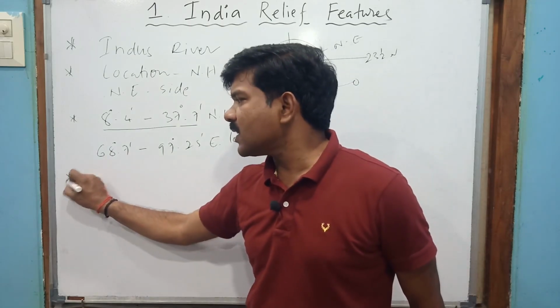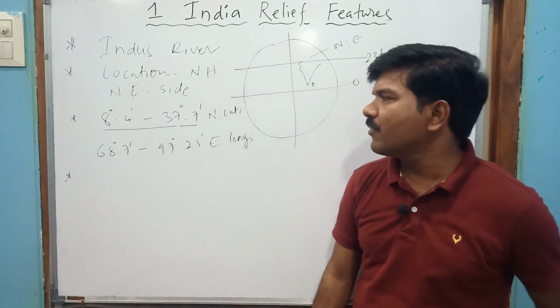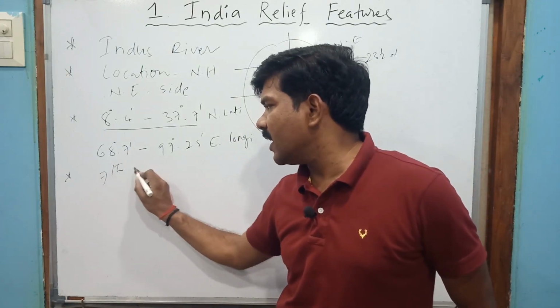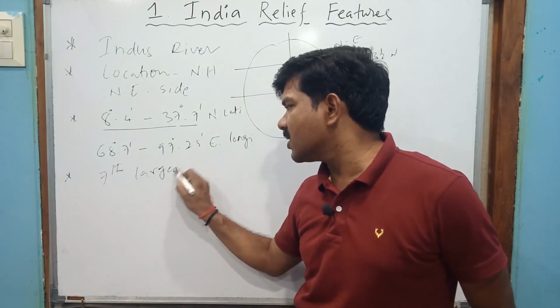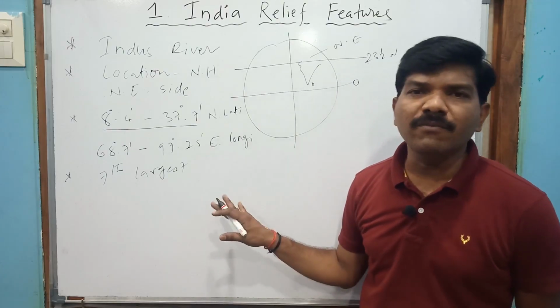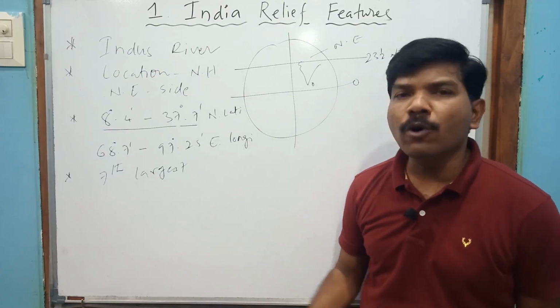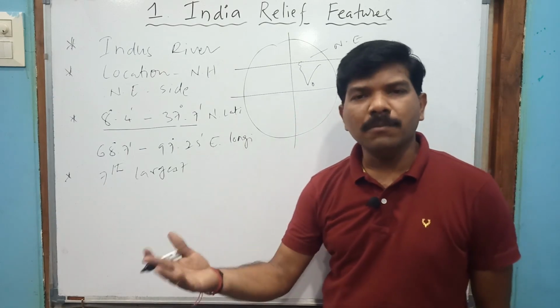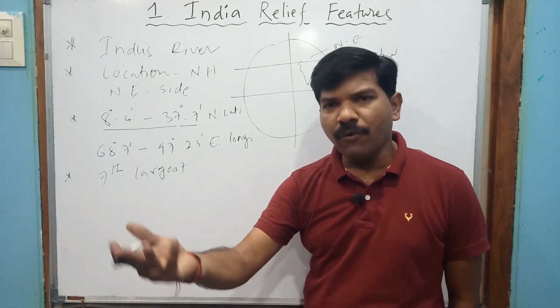Now some facts about India. India is the 7th largest country. This is not there in the textbook, but it may be useful, and you may quote this information. What are the countries ranked before India?